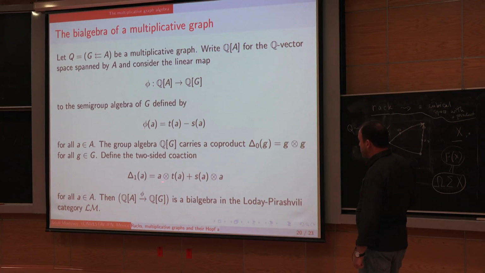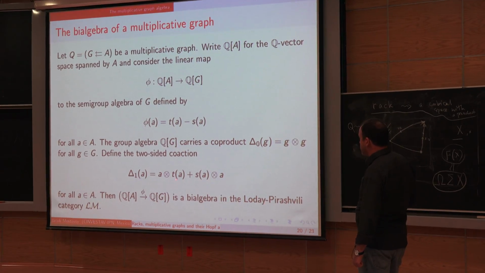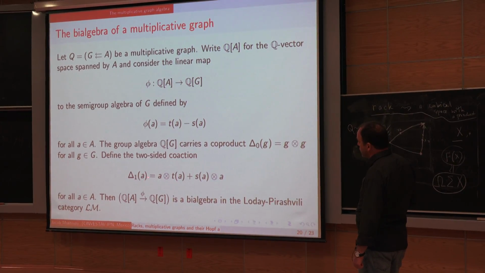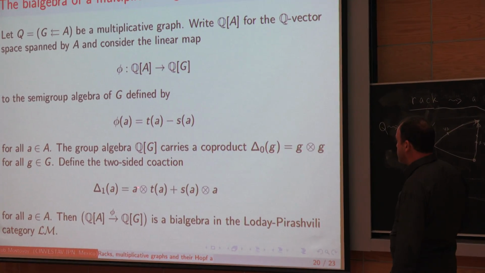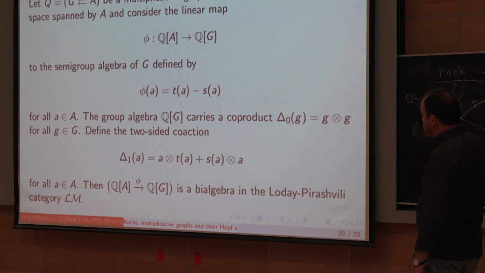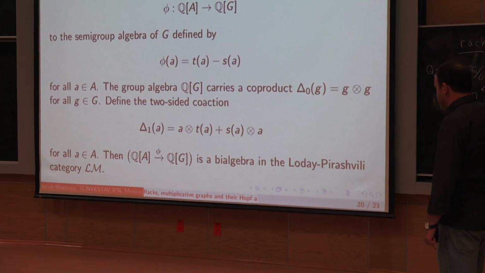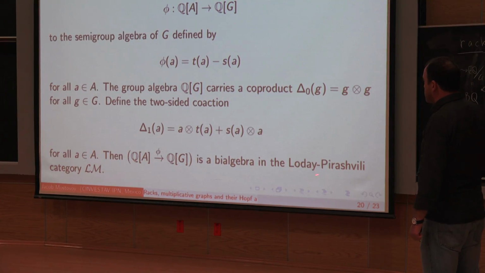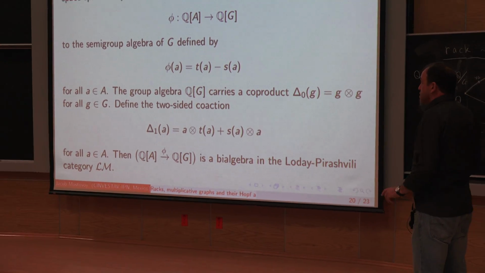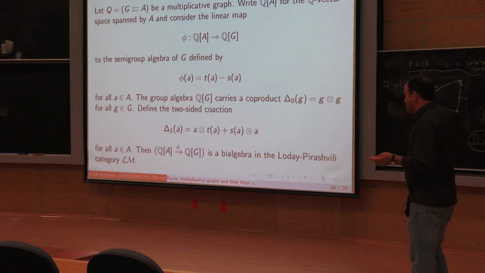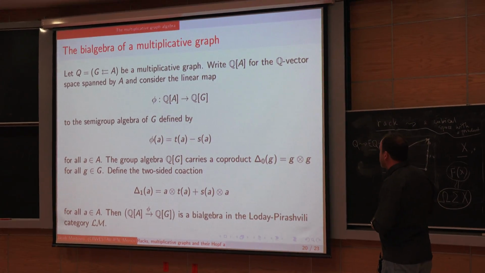The coproduct looks like this: on an arrow, it is the arrow tensored with its end plus its beginning tensored with the arrow itself. So this becomes a B algebra. Again, this is not a trivial fact somehow, even though it's very simple.